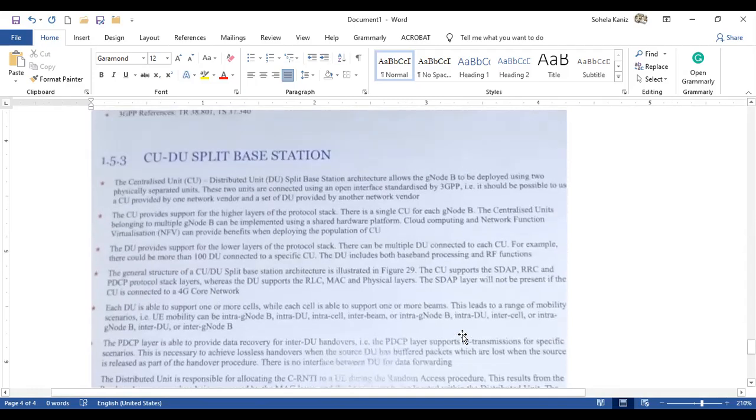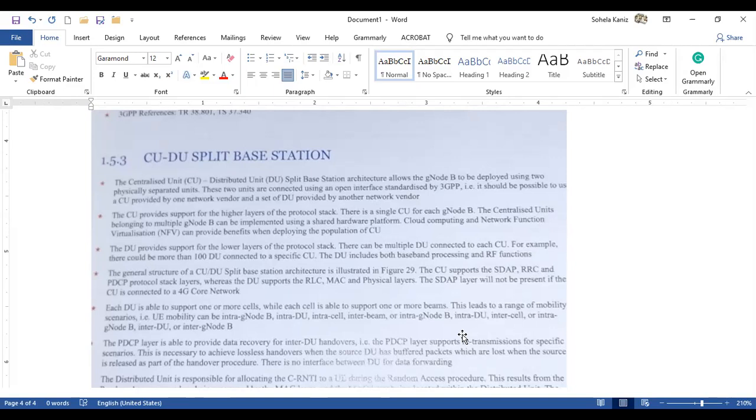By lower part, we mean physical, MAC, and RLC. They will be implemented by these small base stations. And then all these base stations will be connected to one base station, which will implement the upper layers of the protocol stack for all of them. Upper layers means PDCP, SDAP, and RRC.